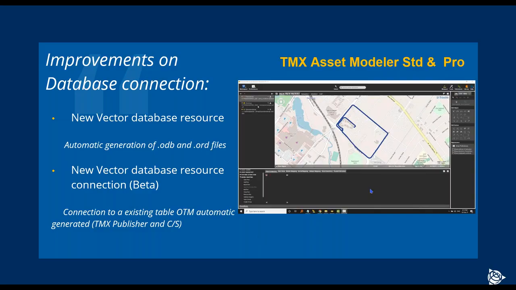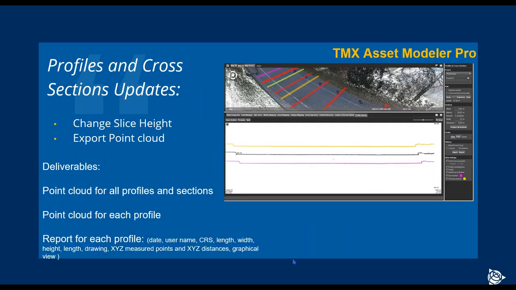Okay, the next one. More updates for those looking into engineering types of work. Some enhancements on the profiles and cross sections. With the slice, if somebody is interested in measuring, you can now change the slice height.